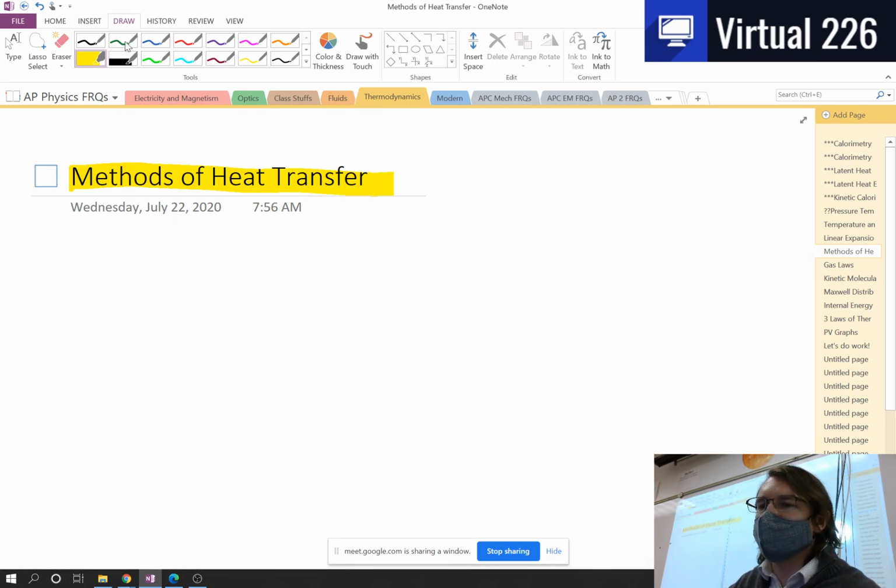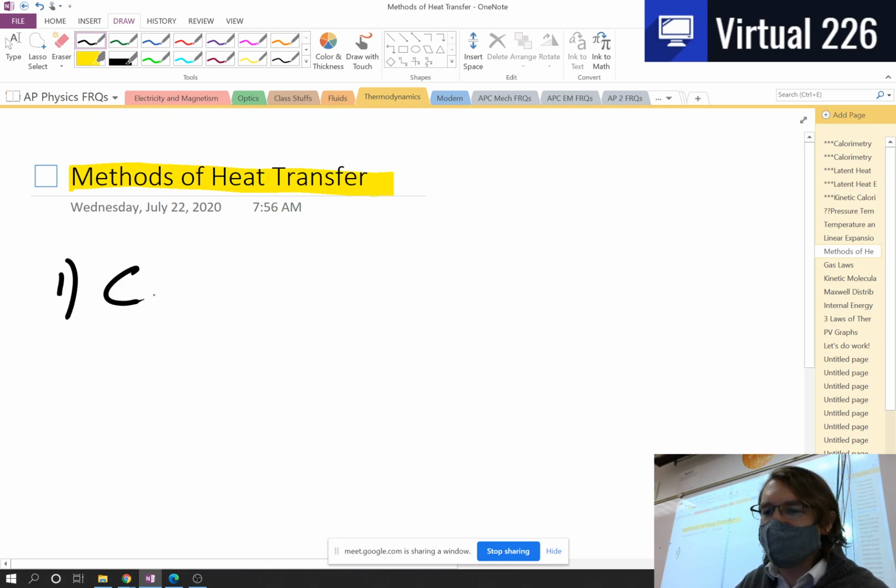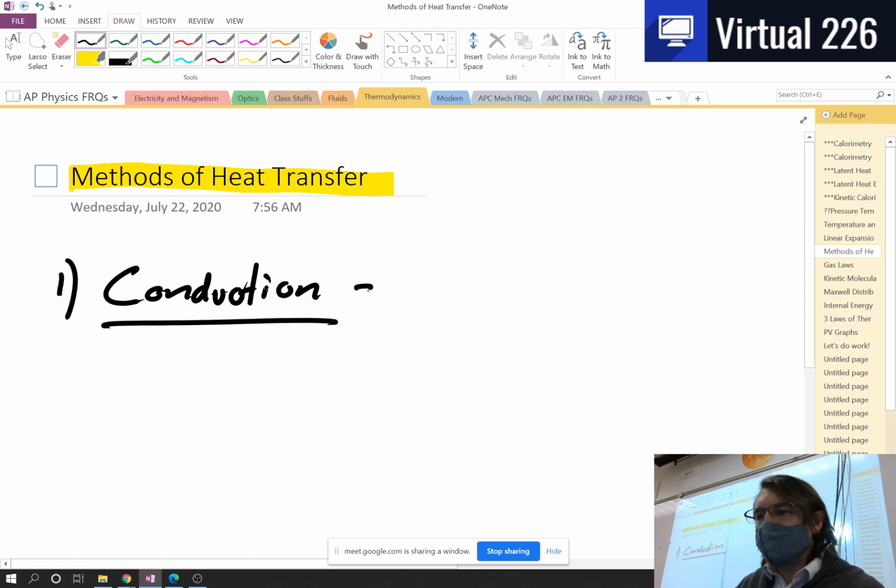The first method we could use to actually conduct heat is simply called conduction. Surprise, surprise. And with conduction, what we pretty much have is objects touching.